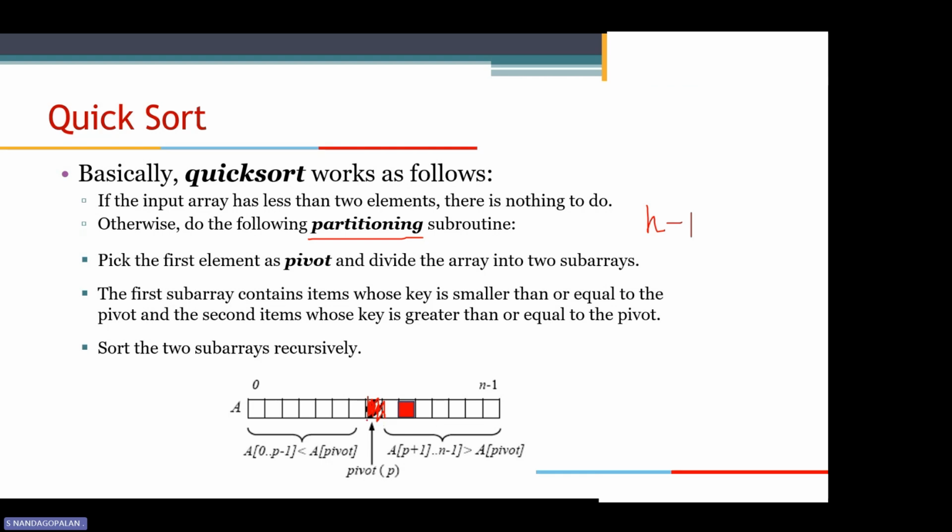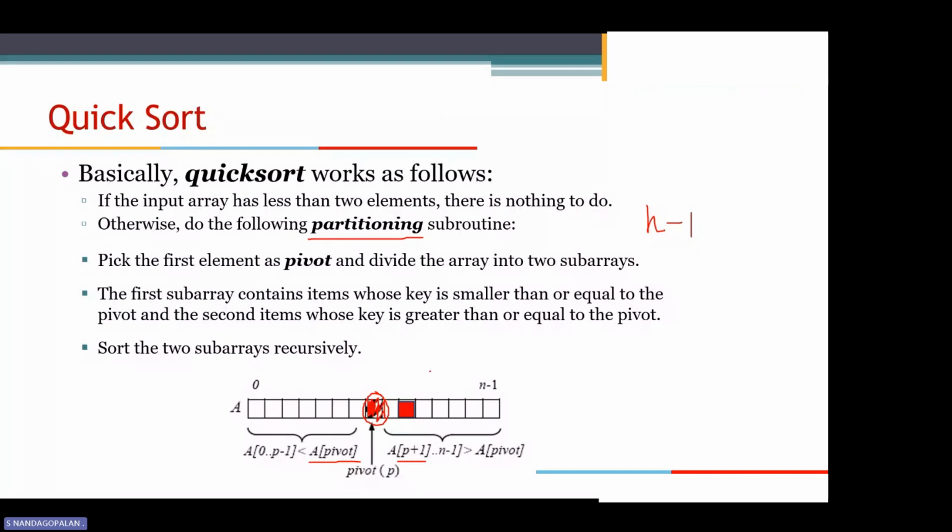As you can see in this figure, assuming that the pivot element is placed appropriately here, all the elements A of 0 to p minus 1, that is this left half, will be less than this pivot element, A of pivot. Similarly, from p plus 1 to n-1 will be greater than this.